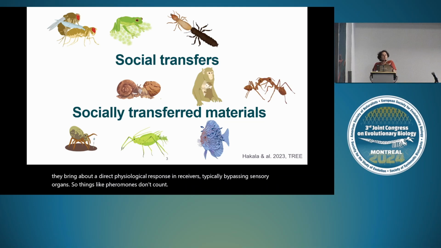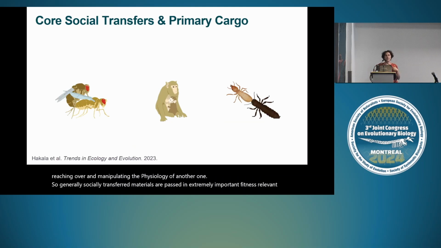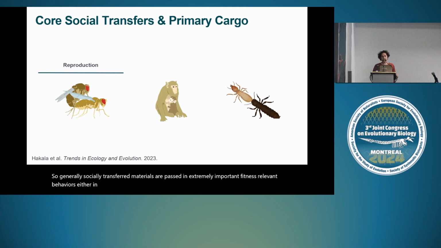To me, the really exciting part of socially transferred materials is that they aren't just two organisms interacting. This is the physiology of one organism reaching over and manipulating the physiology of another one. Generally, socially transferred materials are passed in extremely important fitness-relevant behaviors, either in sex and reproduction or in care-related behaviors.